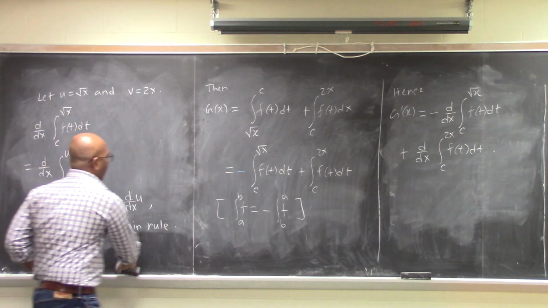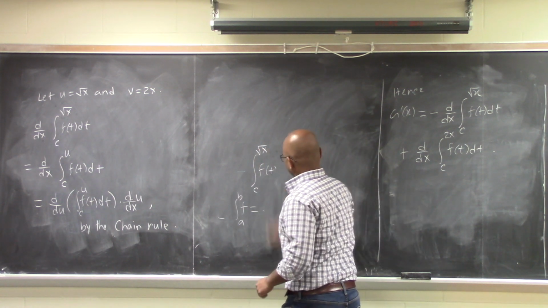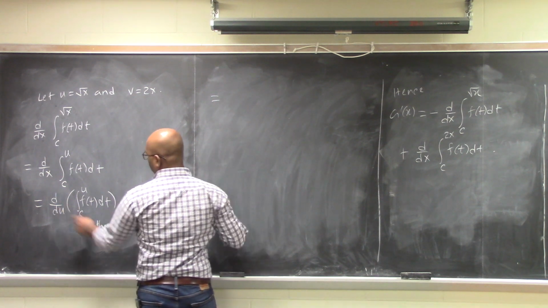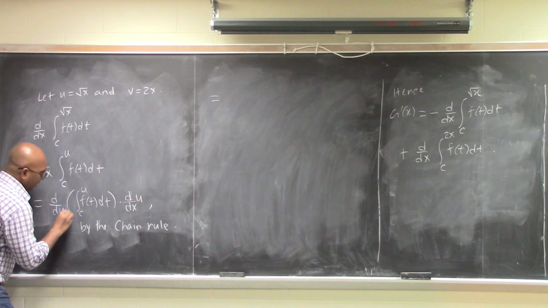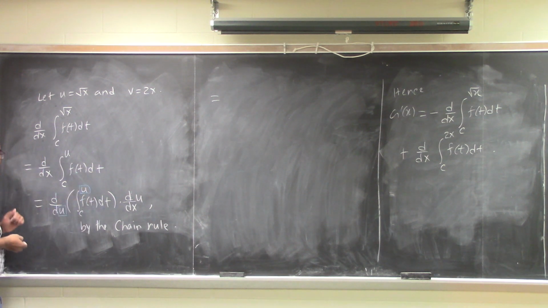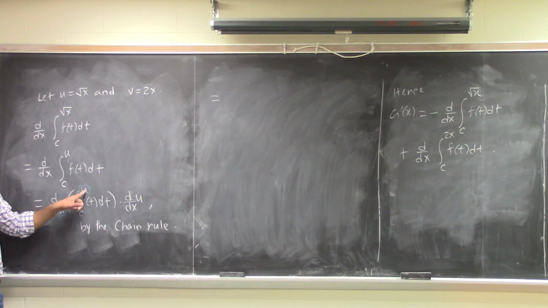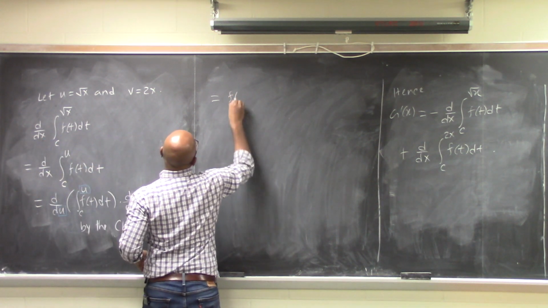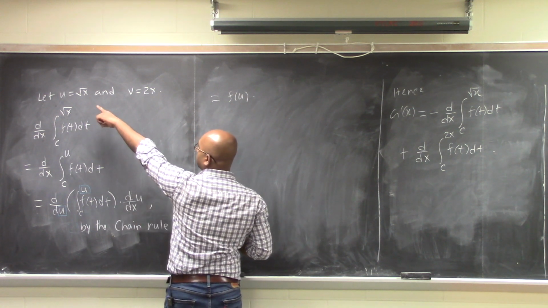All right, and this guy equals what? We have u here, u there, then derivative of the integral is the integrand, which is f evaluated at u. Okay, so this is f of u times d/dx of u.